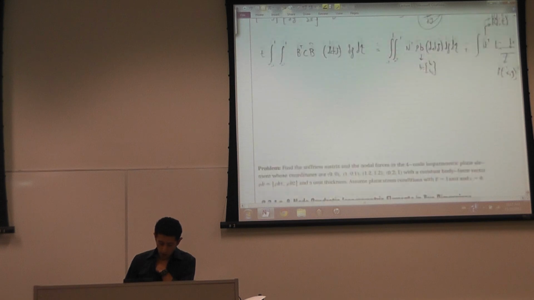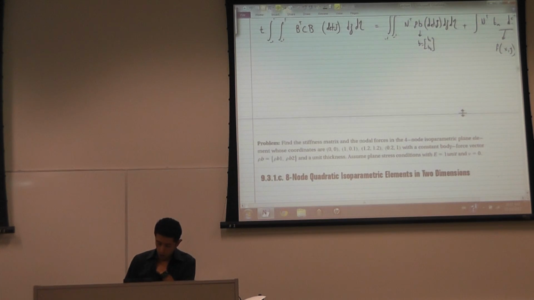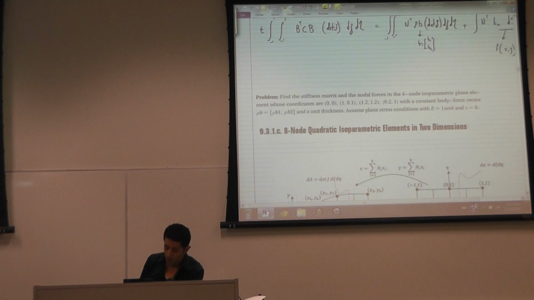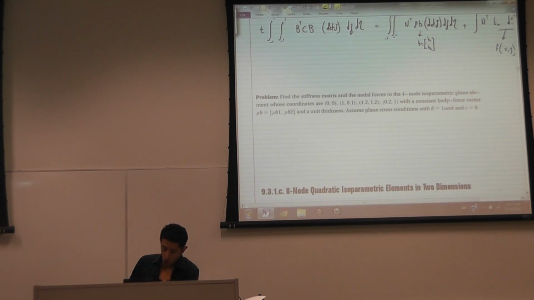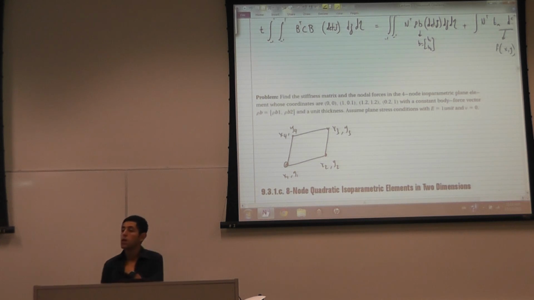And you have a problem in your book where all of the above has been input into Mathematica code. All you have to do is just change the coordinates of the element and the stiffness matrix comes up. So all you have to do is just change x1, x2, x3, x4, y1, y2, y3, and y4, and everything comes up.